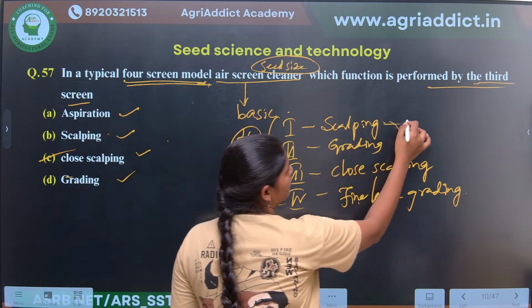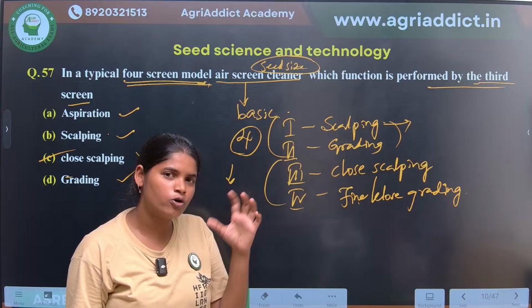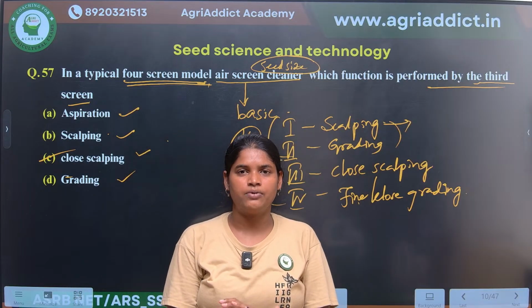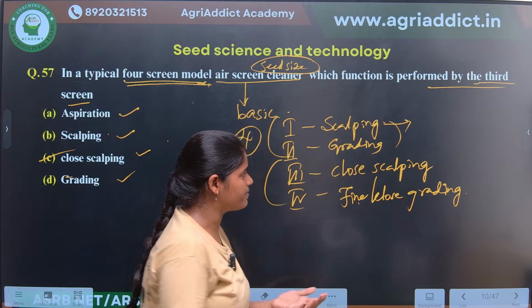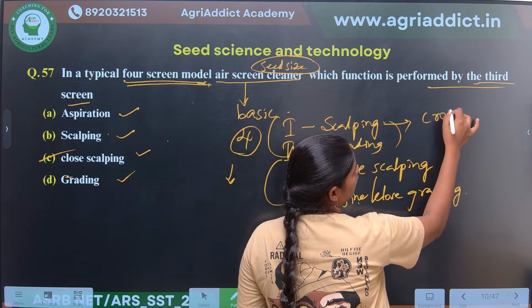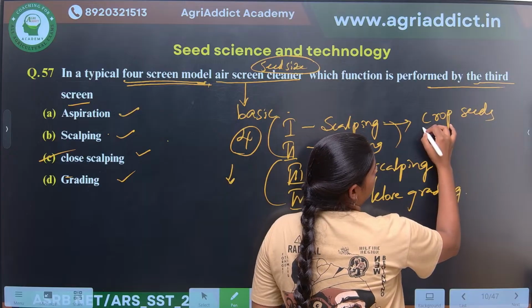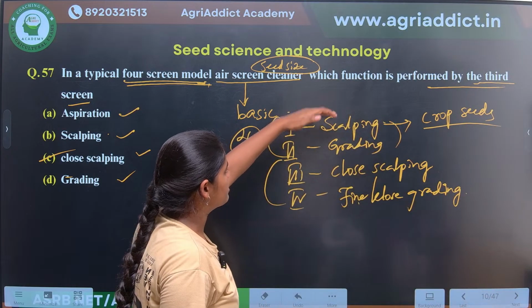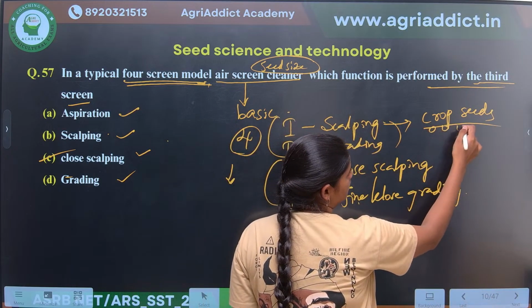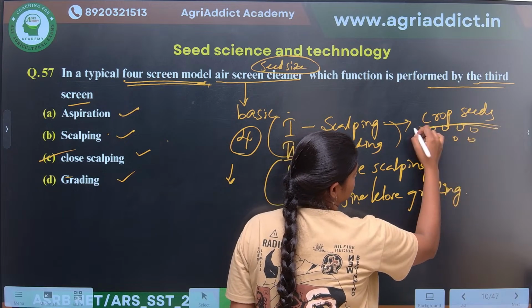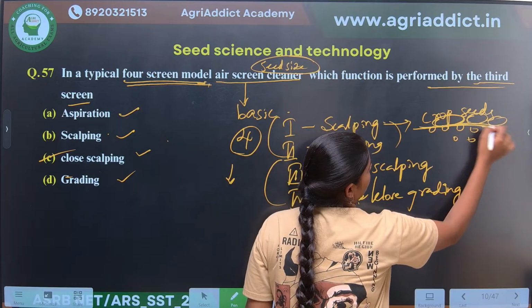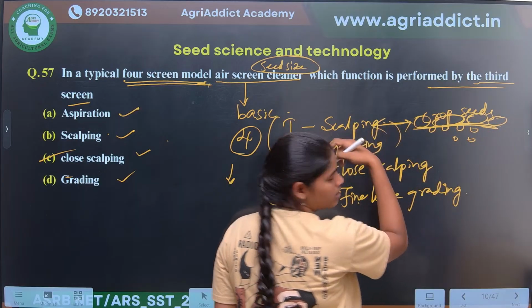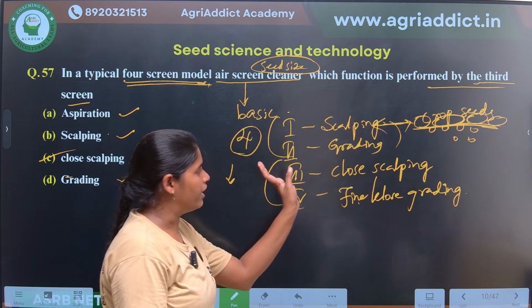So in scalping, what happens? It removes the trash materials which have a size larger than the crop seed. All the crop seeds will come to the next screen, and the trash materials like stones will remain and be disposed to the outlet.